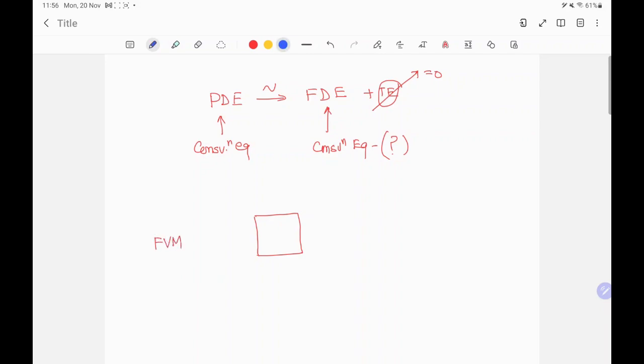So we have to find the value at this point, and at this point, because fluxes means something is coming in from here, something is going out, right? So for a cell, you need a value at the boundaries also, at the centroid also. Centroid gives the average value of that cell, boundaries give you the fluxes, what is going in and what is going out.